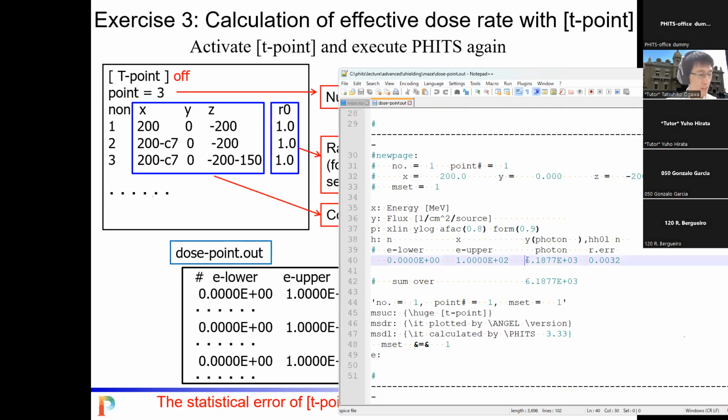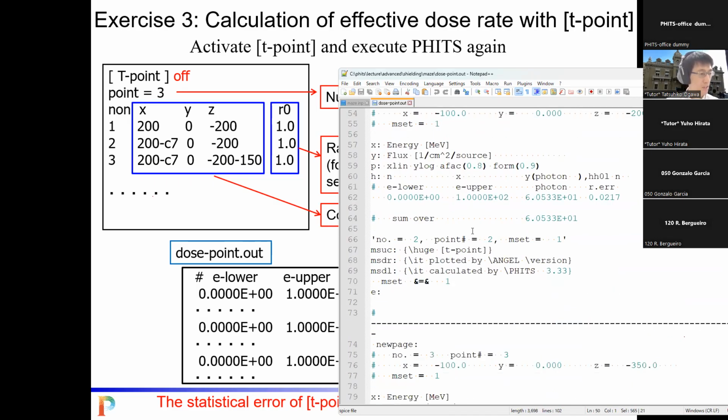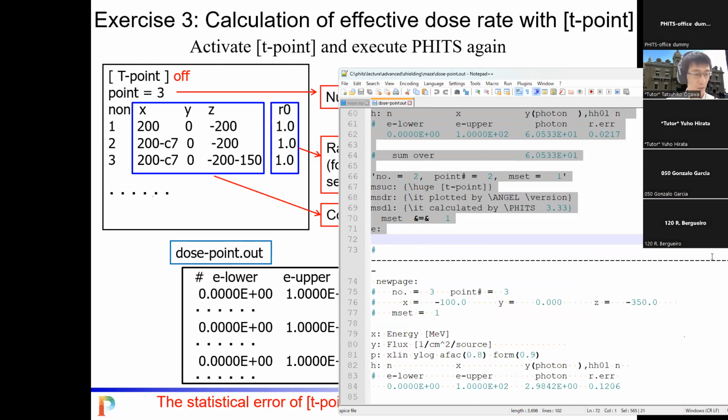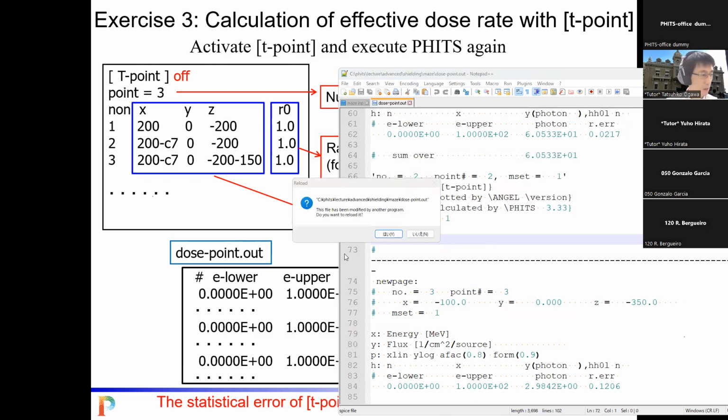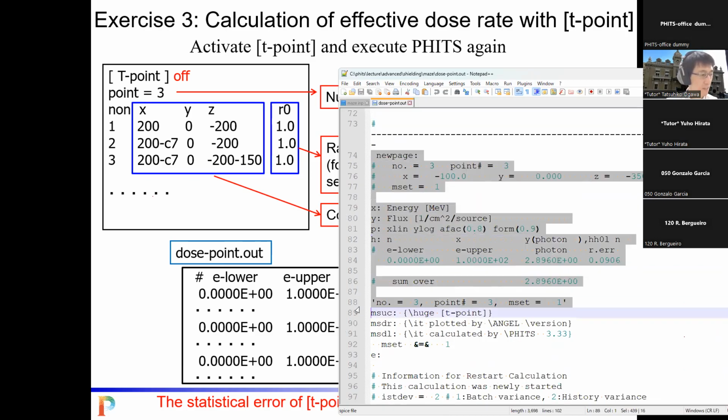The dose at the first point is in the first section. The dose at the second point will be here. And the dose at the very end comes here.